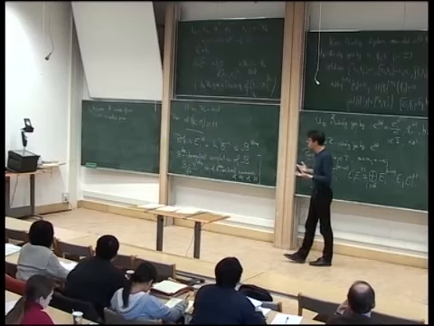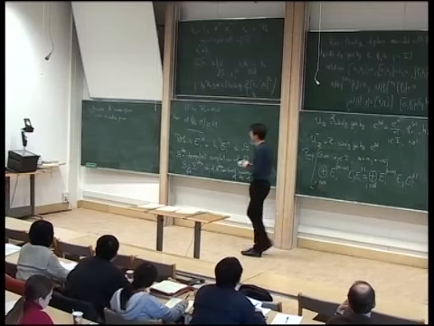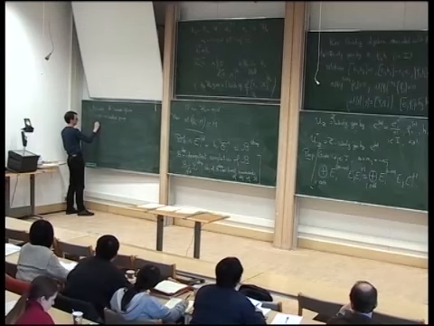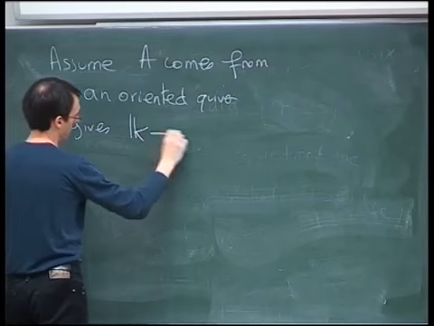So you have a graph, and now you choose an orientation of the graph. Then that gives you a specialization of that ring K.